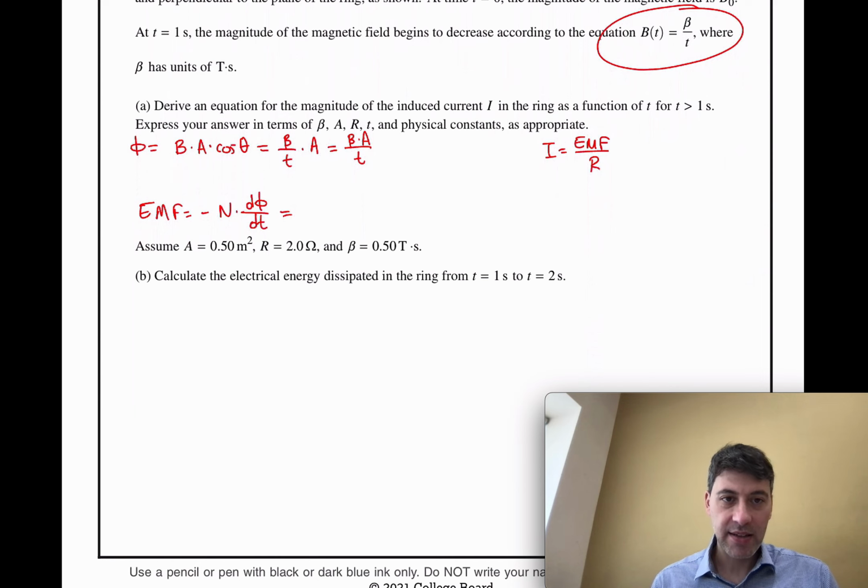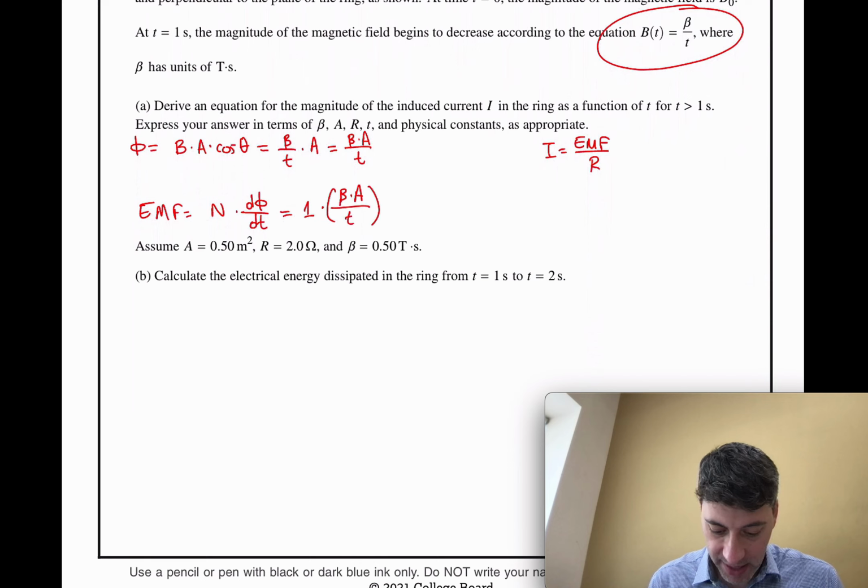If we're talking about the magnitude of the induced current, we don't need the negative. So number of turns, which is 1, multiplied by the derivative of beta times area divided by t.